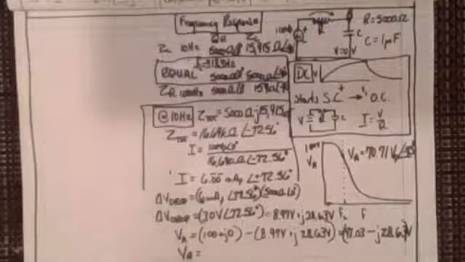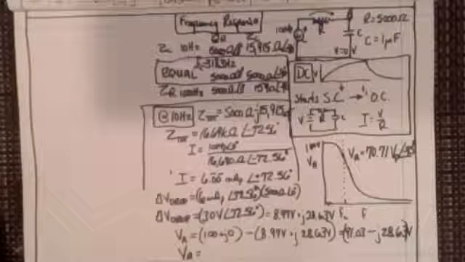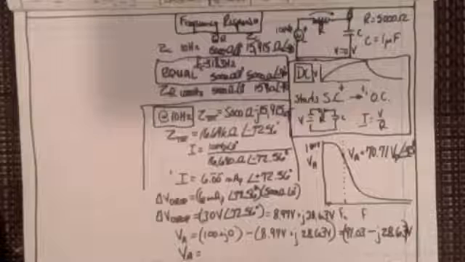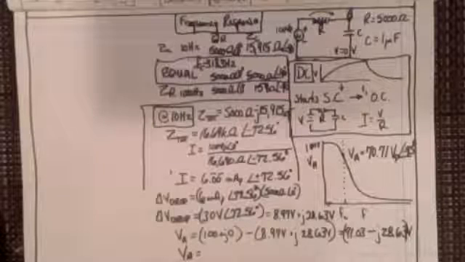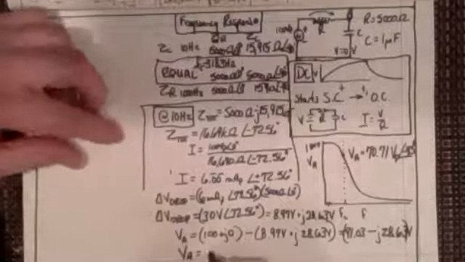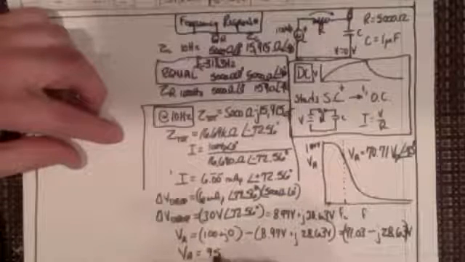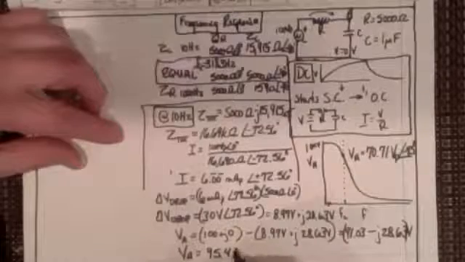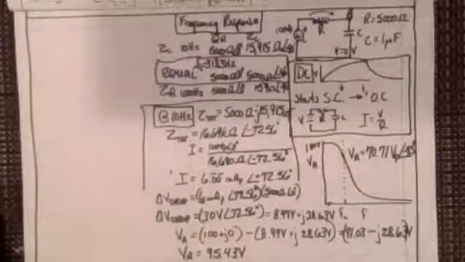So what is the voltage at A? Let's just look at that for a second. Now, what am I doing? I'm just squaring those and taking the square root, and I get 95.43 volts. 95.